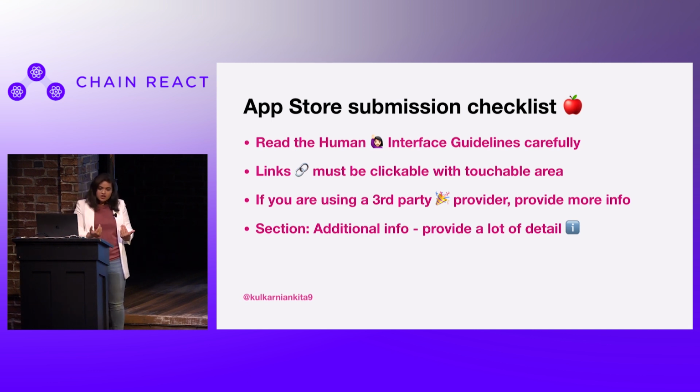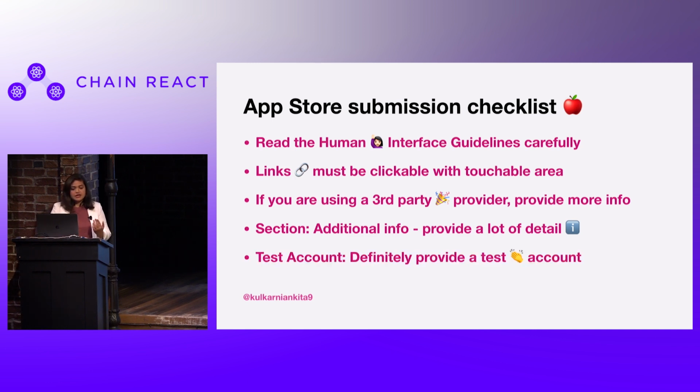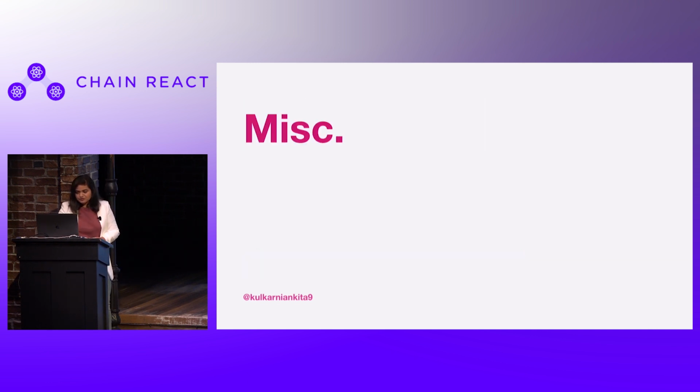They want more context, and once they get that context, they're going to give that info. And lastly, set up a test account. If you have a login, set up a test account so that it becomes a lot easier for them to log in and test out the app. These are some of the common App Store submission failures that we have noticed.